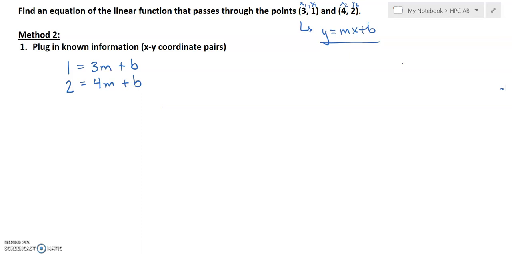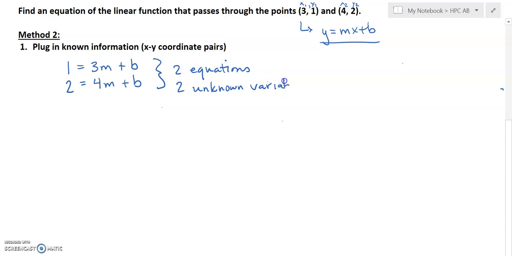Okay, so what I've done is I've used the information that I know and a form that I know, and I've kind of married those two and come up with a system of equations. Now, this isn't a system that you're necessarily familiar with coming out of Algebra 1, because you're almost always taught that systems have x's and y's in them. But understand what we've created here. We have two equations, and within those two equations, we have two unknown variables.